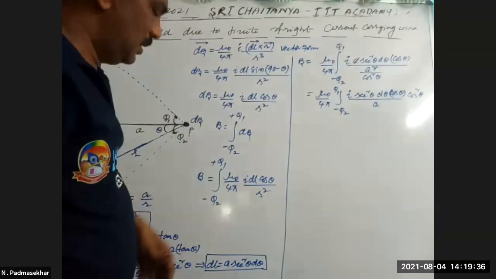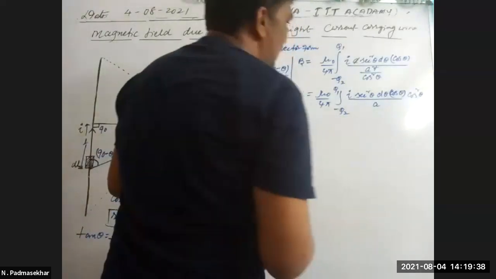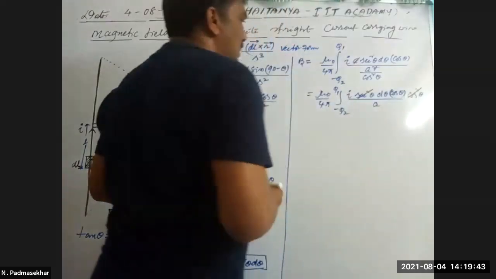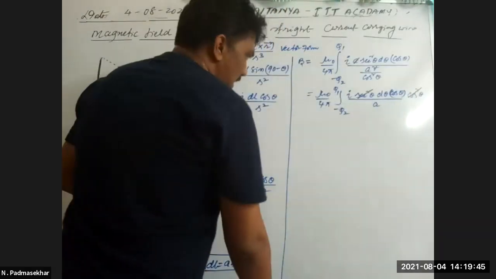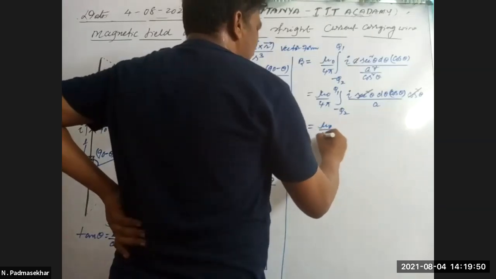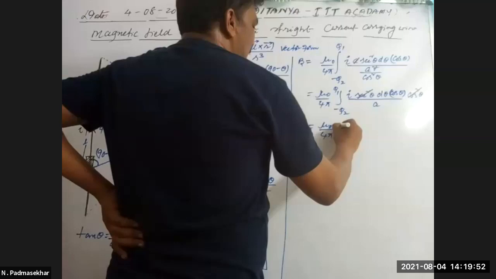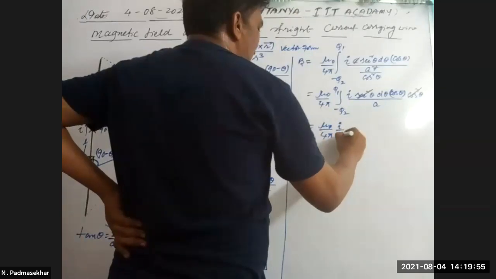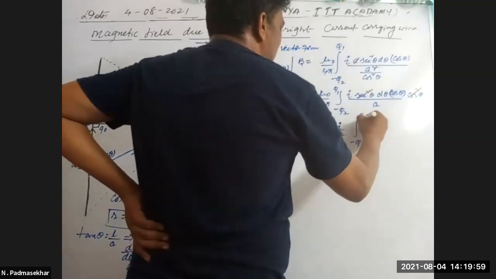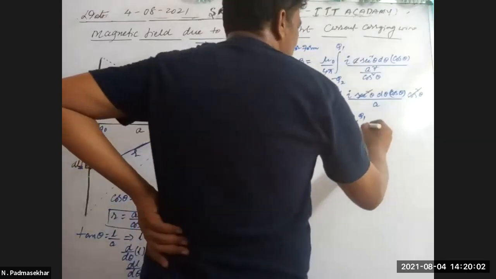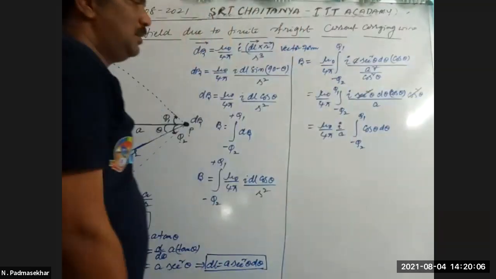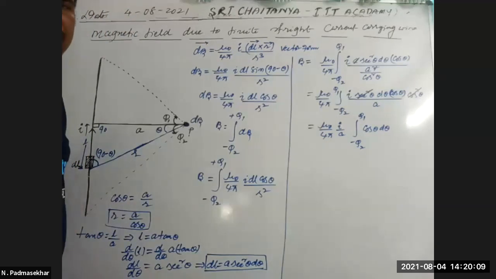Cos square theta and secant square theta are cancelled. So cancelling everything, here we have mu naught by 4 pi, I by A also out, I by A integral from minus phi 2 to plus phi 1 of cos theta d theta. That I got.